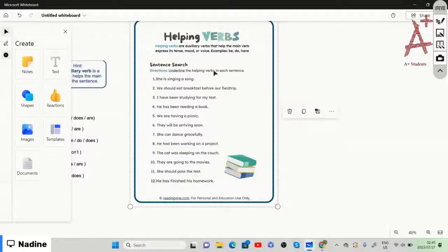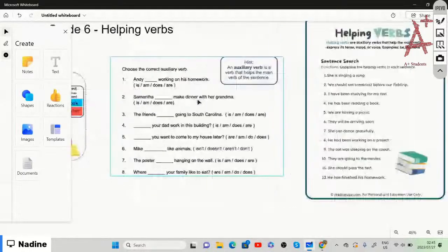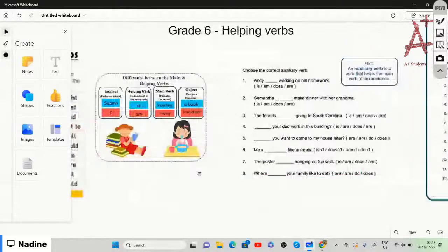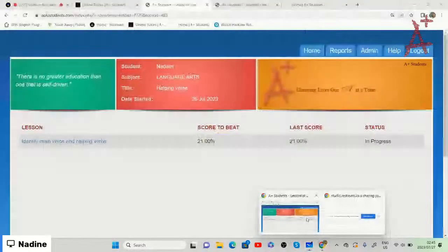Here we had a breakdown of the differences between the main and the helping verbs.